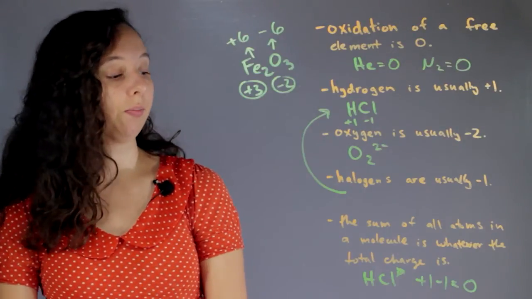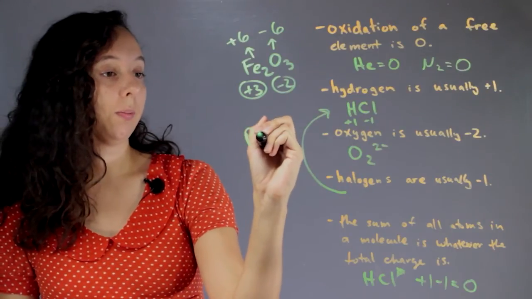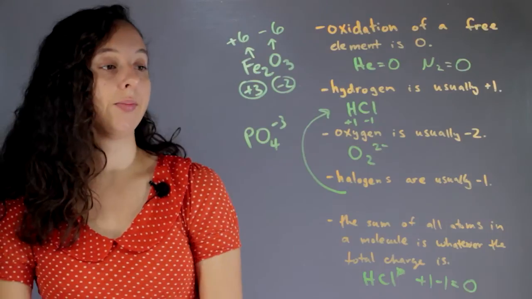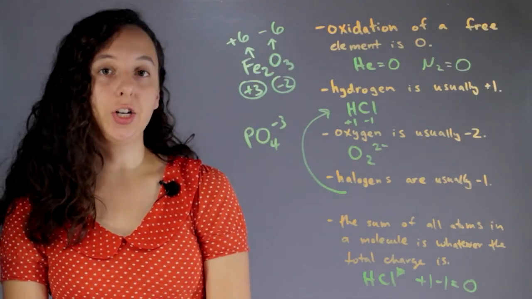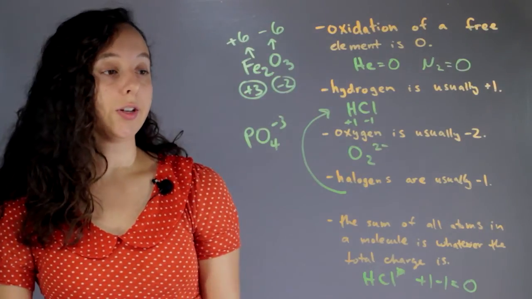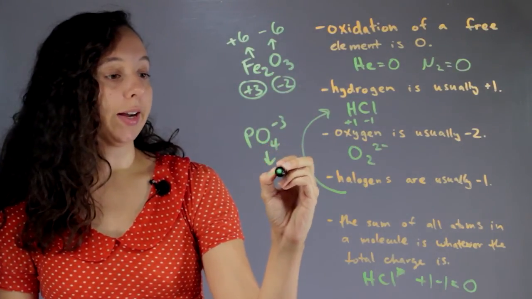One more example. Let's say we have something that has a charge. So PO4, -3. Now we know that when we add up all our oxidation states, we have to be able to get something that's -3. So back to oxygen, that's 4. So that's going to be now -8.